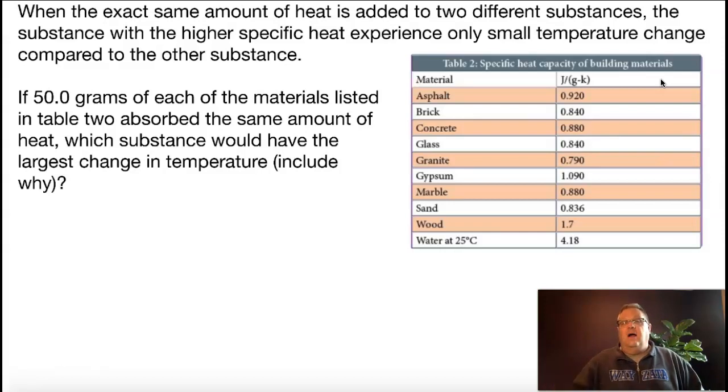Okay, that's something that you need to have clear in your head, how this works on an abstract level. So here's some different building materials and their specific heats. Joules per gram degree C and joules per gram degree K are the same thing because the size of a degree C and the size of a degree K are the same.